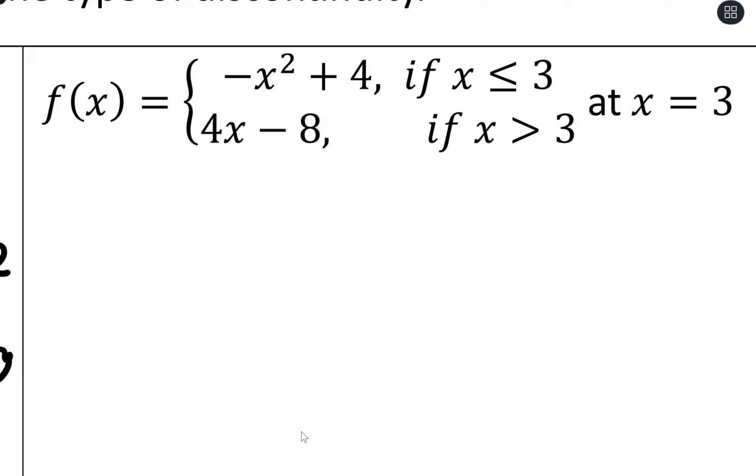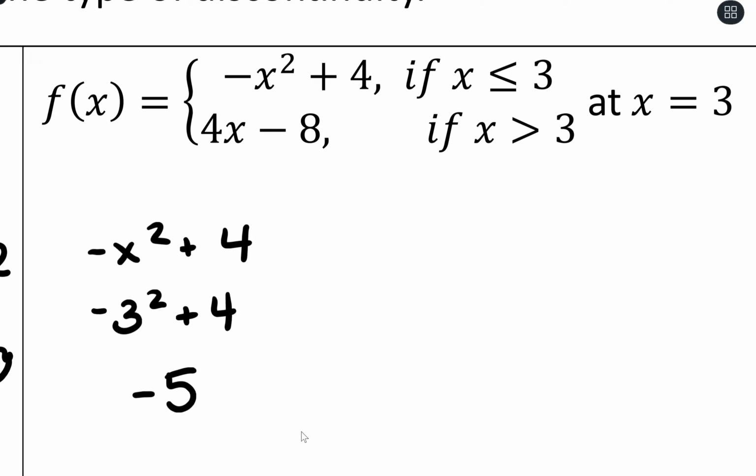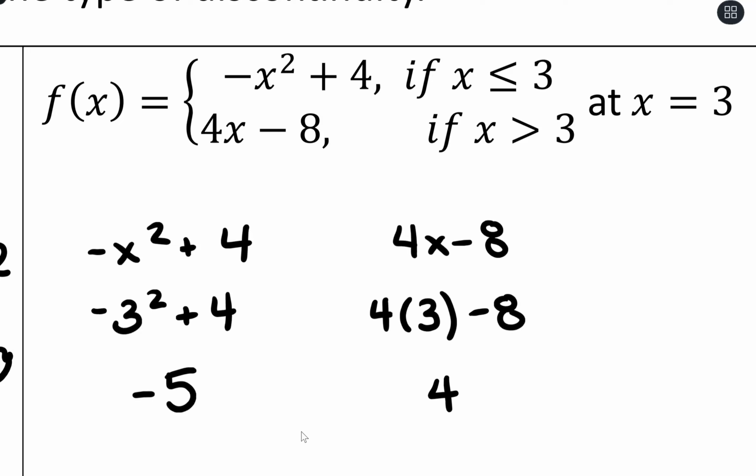So what I'm going to do is go to the negative x squared plus 4 and plug in 3. So that's a negative 9 plus 4, so that'll be a negative 5. And I'm going to do the same with the 4x minus 8. So I'm going to have 4 times 3 minus 8, so 12 minus 8, which is 4.